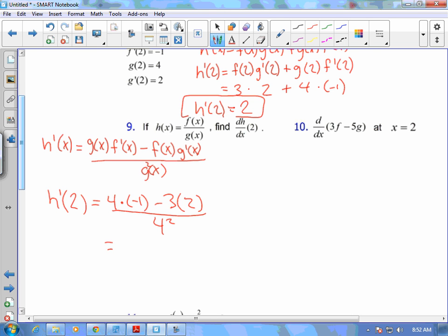So we get negative 4 minus 6 over 16, equals negative 10 over 16. So h prime of 2 equals negative 5/8.